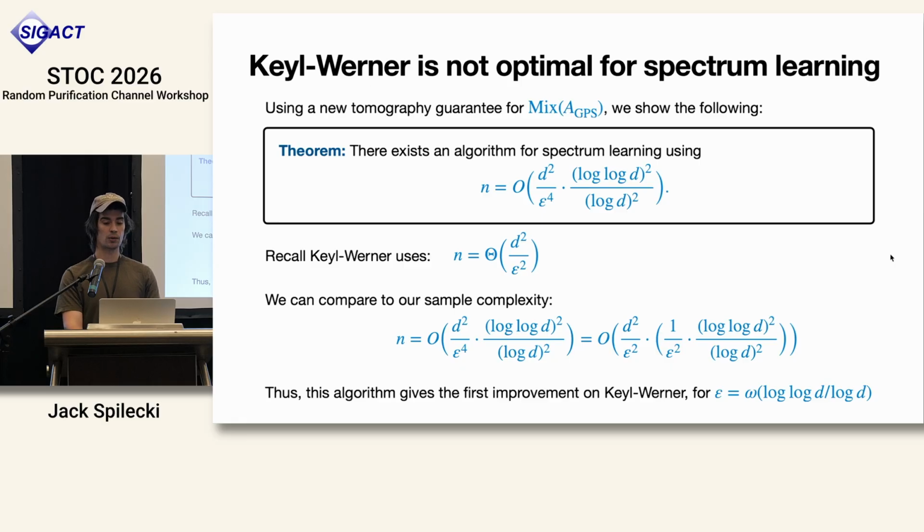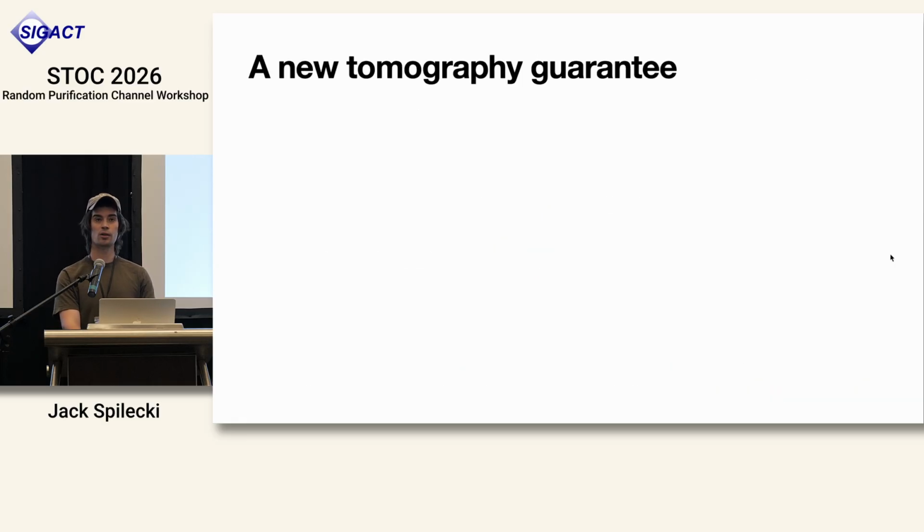Okay, so let me just talk to you about this new guarantee which makes this algorithm possible. It's really key to our analysis, and it's also the main tool that we use for proving our PCA and chi-square divergence improvements as well.